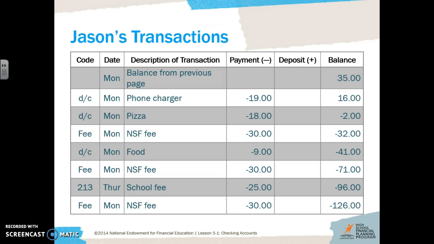So there is a lot of information on this page, but this is a ledger. This is an account ledger of everything that Jason spent during the week. So it starts here. It says Monday, and this is not a transaction. This is the balance from the previous page. In the back of your checkbook, you have a balance check register.